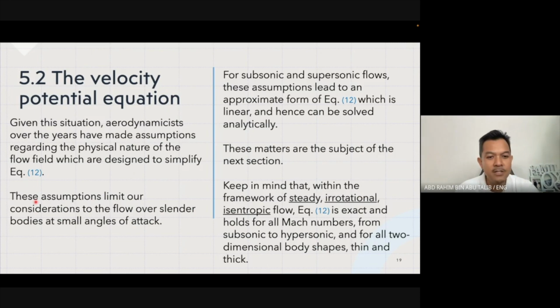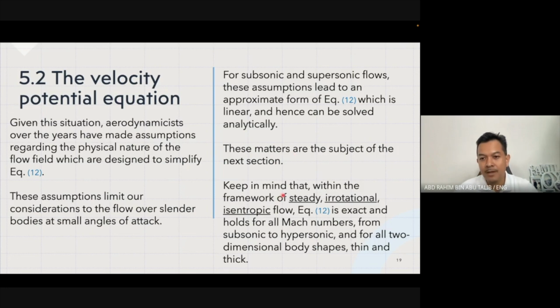These assumptions limit our considerations to the flow over slender bodies at small angle of attack. For subsonic and supersonic flows, these assumptions lead to an approximation of equation 12 which is linear. It is actually non-linear, but is now being considered as linear and hence can be solved analytically. These methods are the subject of our next section.